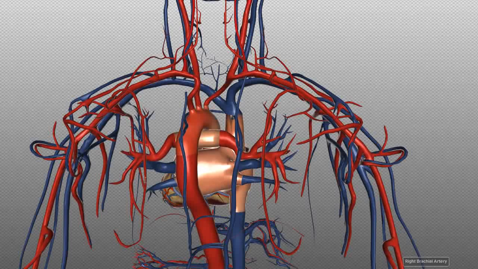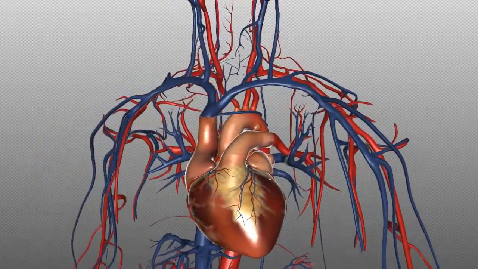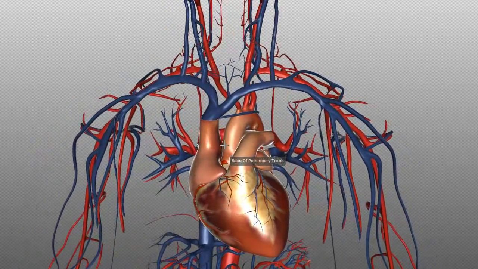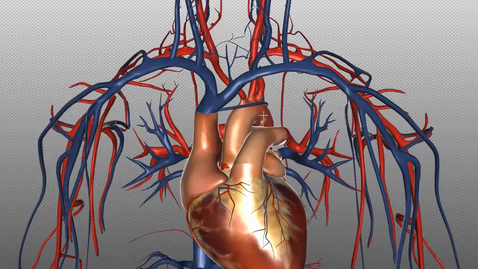So next we've got the aorta. This is this vessel here which leads out of the left side of the heart, the left ventricle. So it arches over the pulmonary arteries here, and it's got several branches. Well, 3 as you can see.